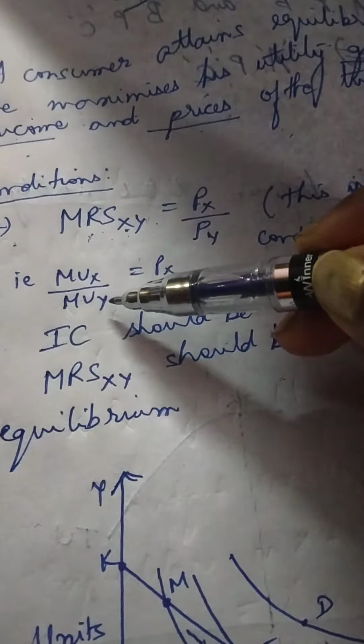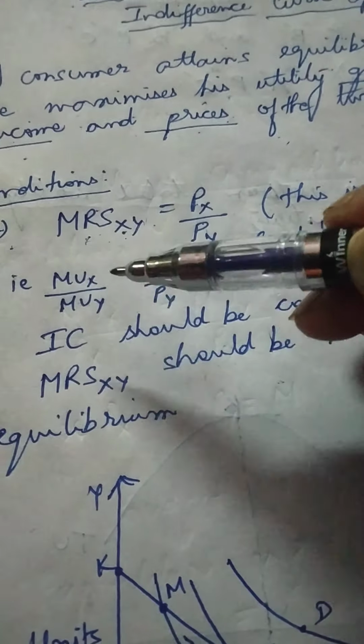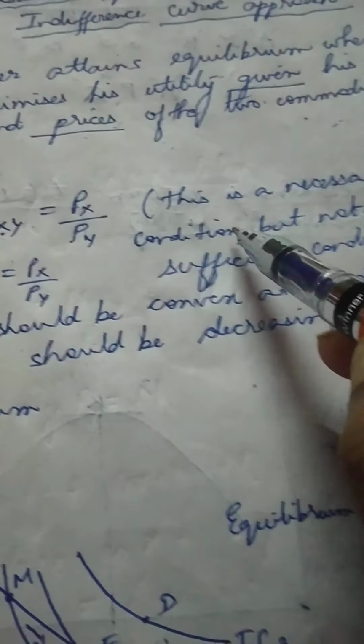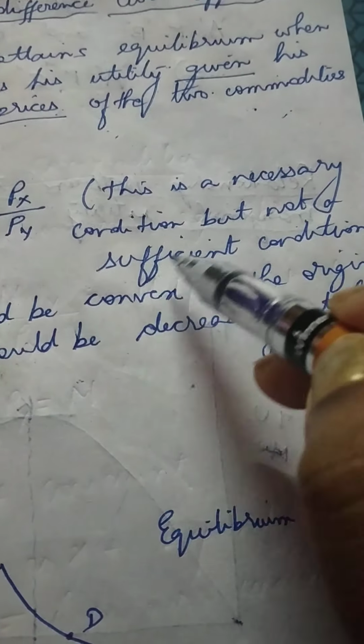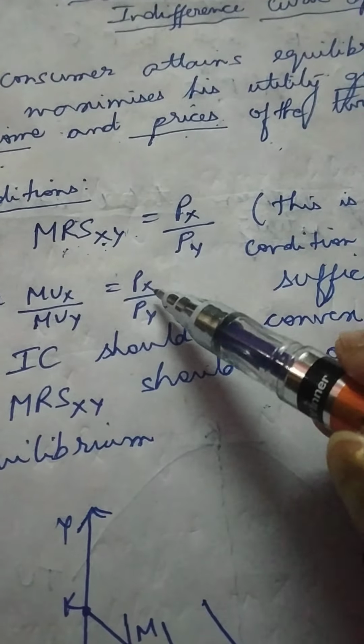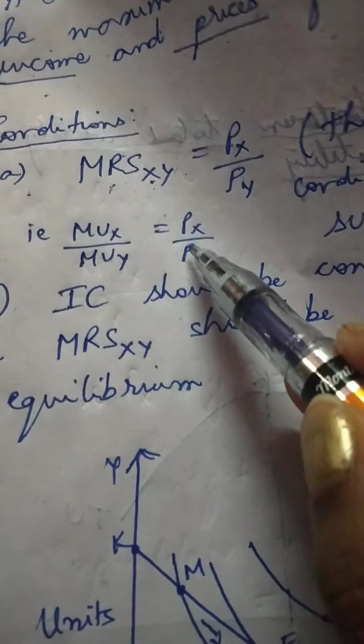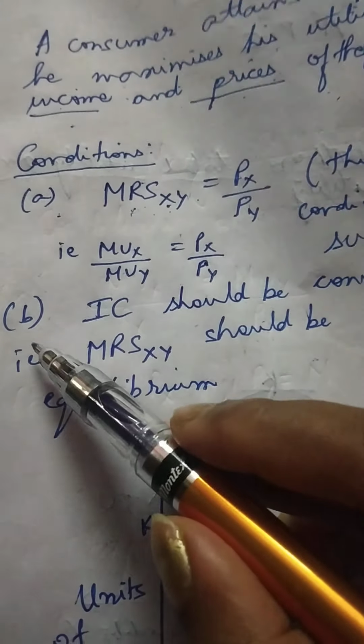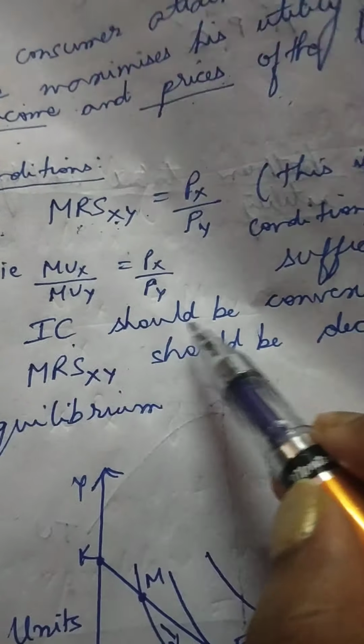So, this is one of the equilibrium conditions, though a necessary condition but not a sufficient condition. This first condition is a necessary condition but not a sufficient condition. And the condition says that the slope of the indifference curve must be equal to the slope of the budget line at the point of equilibrium. And the second one is IC should be convex to the origin.